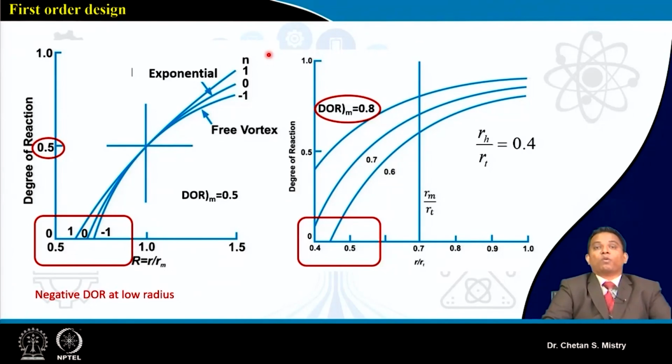With this background, we will move ahead to understand what is happening in terms of this whirl distribution. So these are the three approaches we are discussing, and in the next lecture we will discuss what other approaches are possible.